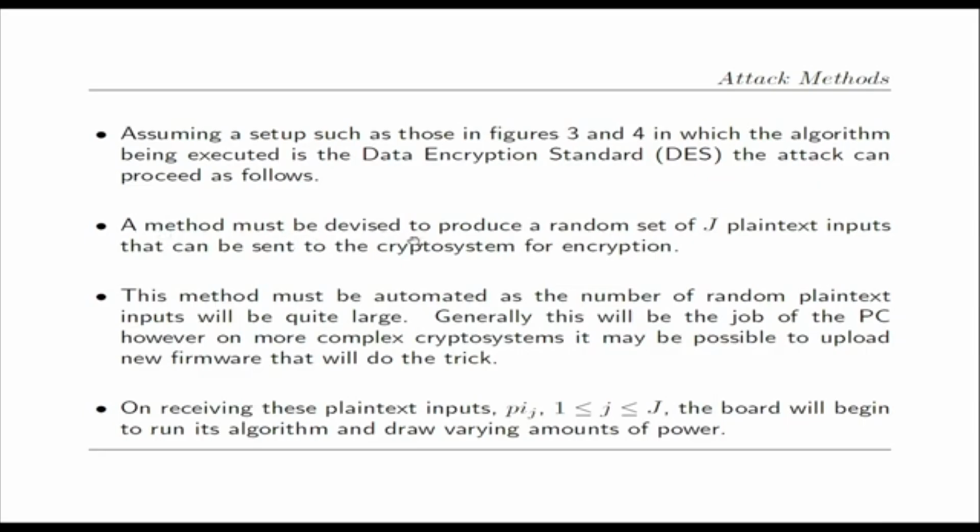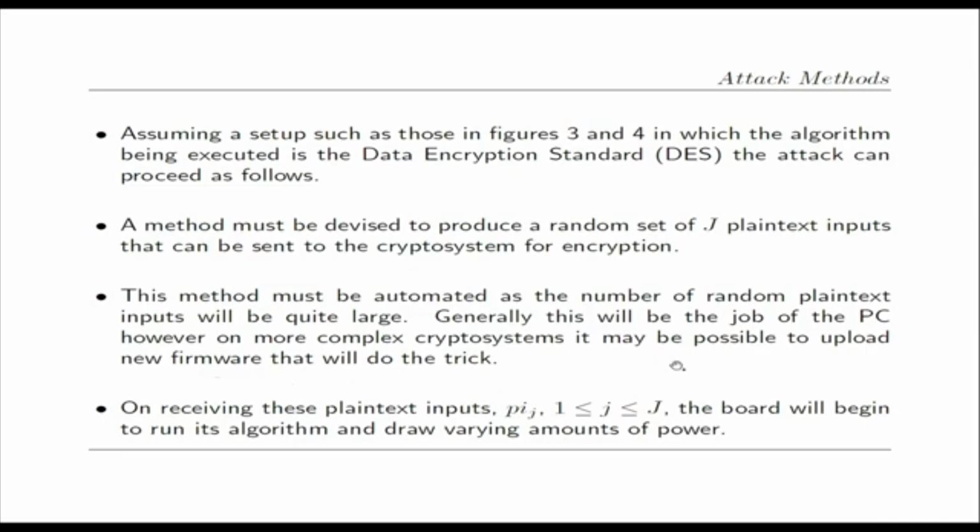the method must devise and produce a random set of j plain text inputs, and that can be sent to the crypto system for encryption. This method must be automated as the number of random plain text inputs will be quite large. Generally, this will be the job of the PC. However, on a more complex crypto system, it may be possible to upload new firmware that will do the trick.